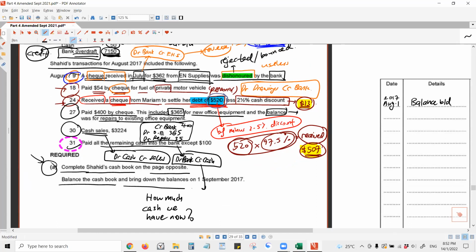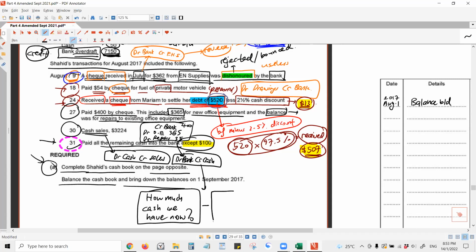Okay, you have to go see your cash book. Okay, on the 31st of August, how much cash you still have right now? And they say except 100. What does except 100 means? Except 100 means you want to be left with $100 cash after putting some cash into the bank.